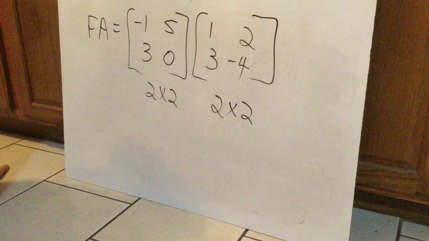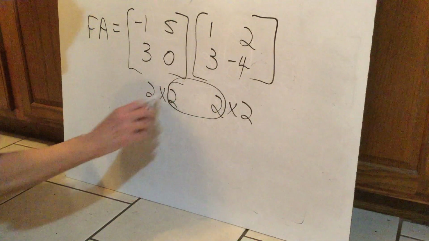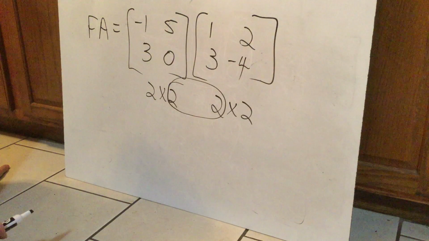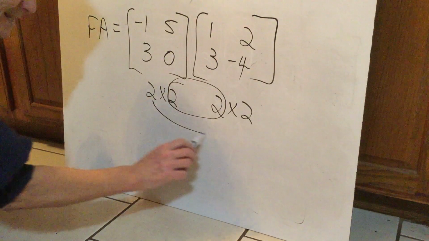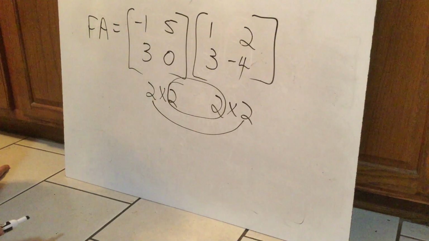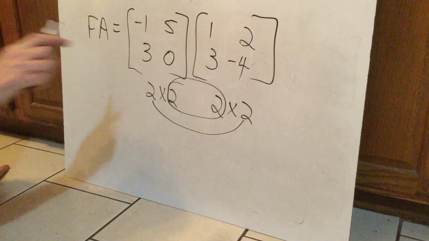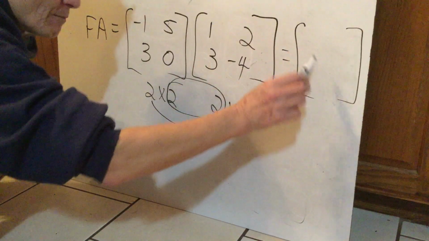But I don't care that they match exactly. All I care about is that these two match. And they do. That means that these matrices can be multiplied. Furthermore, this will give me the dimension of the answers. So the insides match and the outsides tell you the size of your answer.